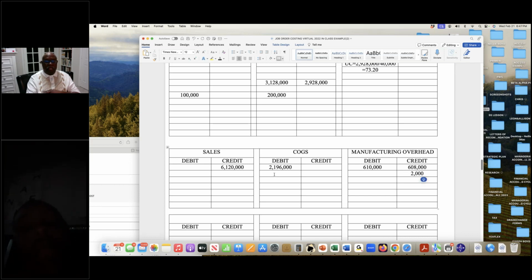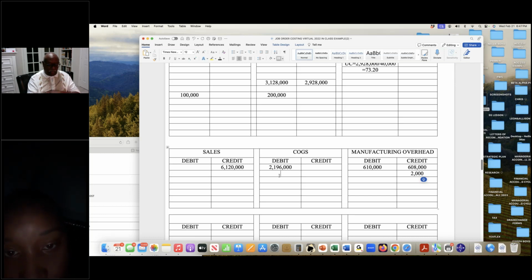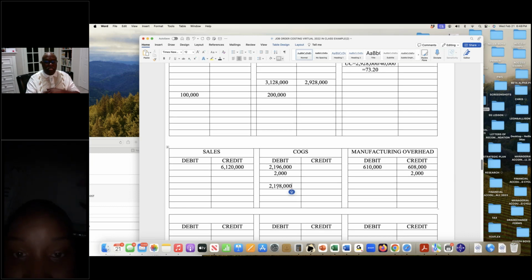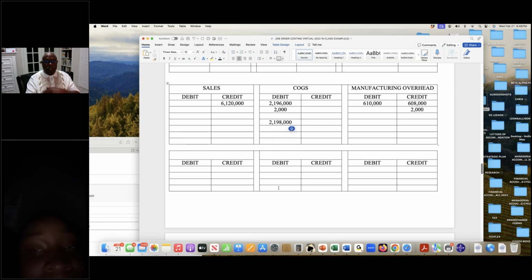And since we didn't charge enough overhead, we're going to debit cost of goods sold because we didn't have enough cost in there. We made our best estimate, but we didn't have enough in there. So our adjusted cost of goods sold now is going to be 2,198,000.